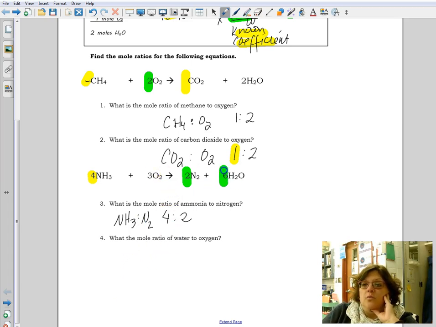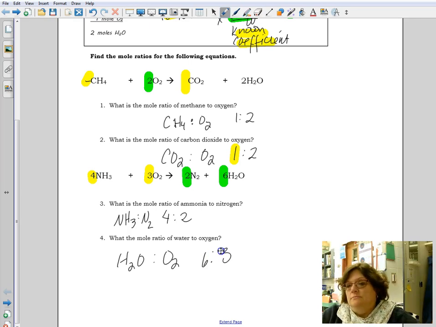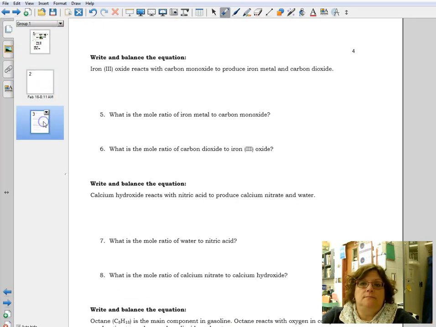We have 6 waters and we have 3 oxygens. We have a mole ratio of 6 to 3. Okay? So you found those ratios. On to the next page.